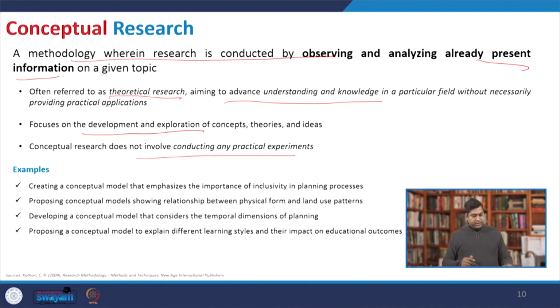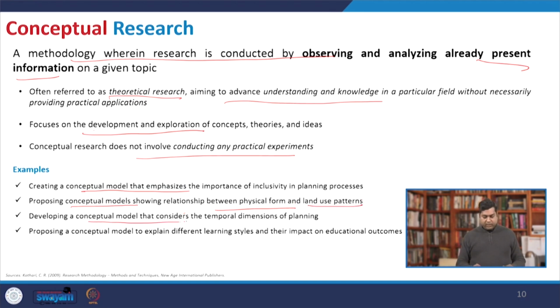In this case, examples include creating a conceptual model that emphasizes the importance of inclusivity in the planning process. Many a time you must have heard about inclusiveness, inclusive design, inclusive city, etc. So a conceptual model can be prepared. Proposing a conceptual model showing the relationship between physical form and land use pattern for a city.